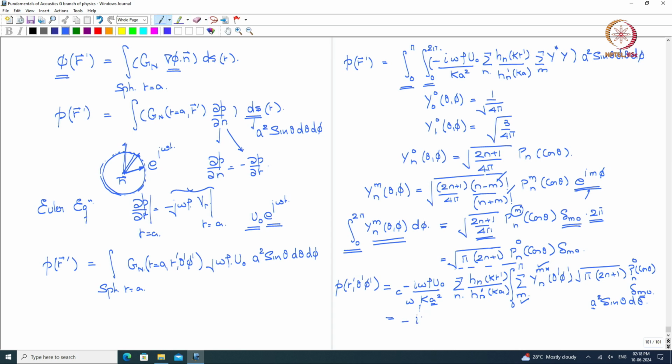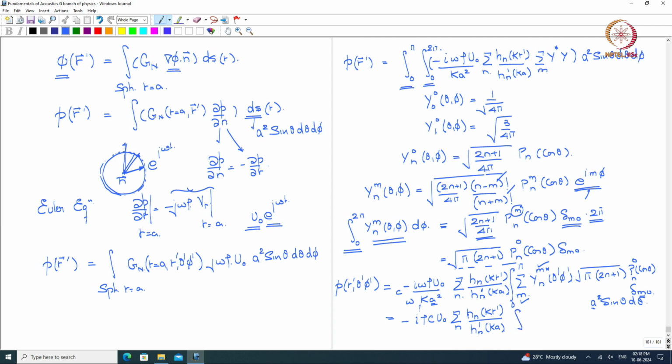minus i rho c u0 summation over n Hankel k r dash by Hankel dash of k a. Okay. Now, m is equal to 0 must be chosen.